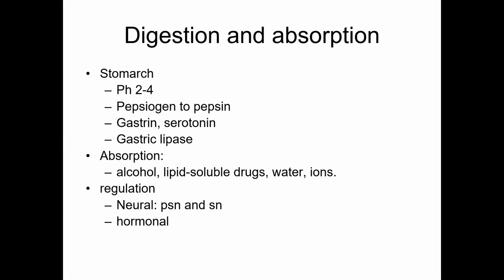No, there's no enzymes for carbohydrates in the stomach. Most of our enzymes function at a pH close to your blood pH, 7.35 to 7.45. But in the stomach, the gastric juice is very acidic.